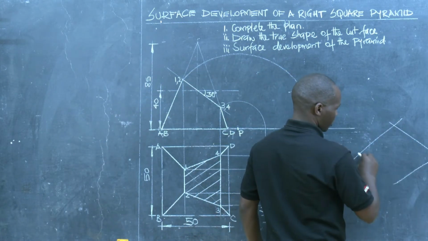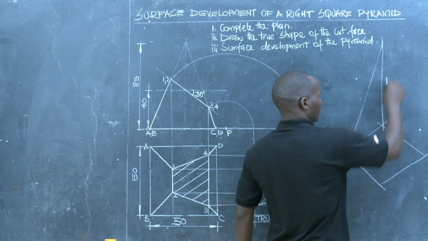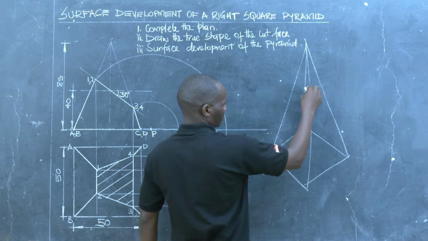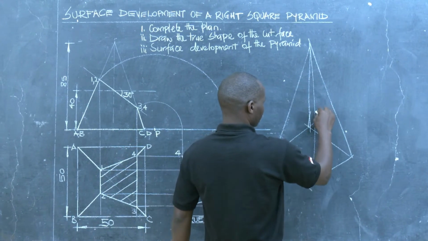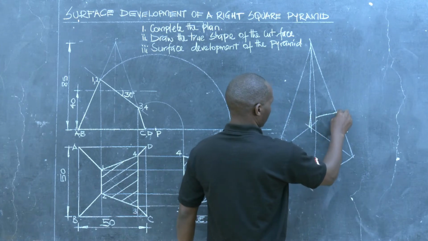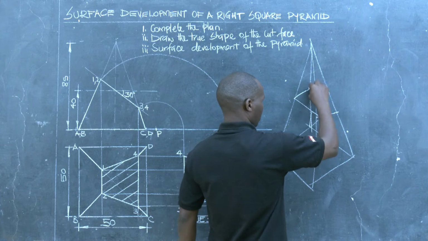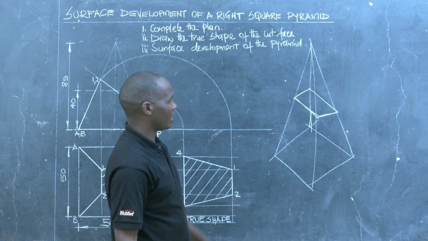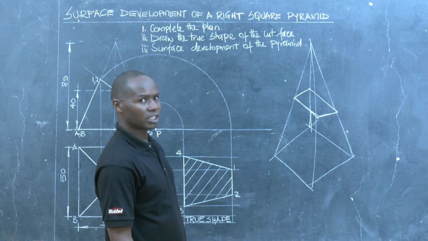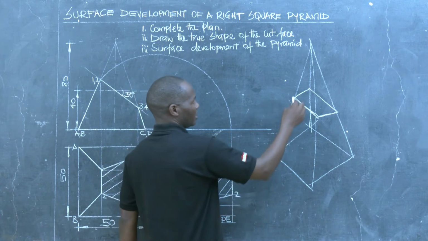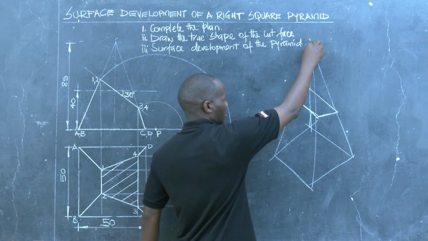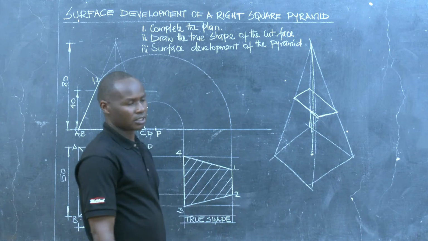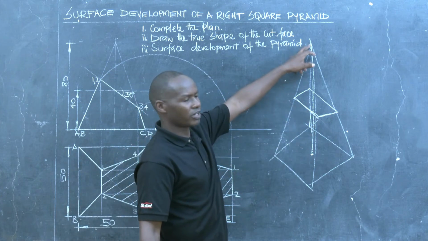So if you were to do a sketch of the pyramid, of course we are saying it's cut by a truncating plane. What we've been given as 85 millimeters is the distance between the apex and the center of the base. That is what has been defined as 85 millimeters.